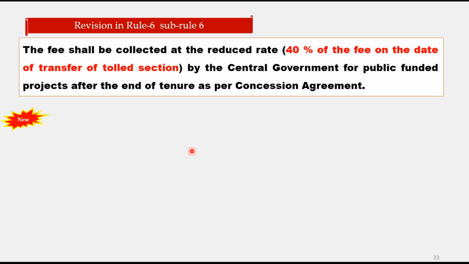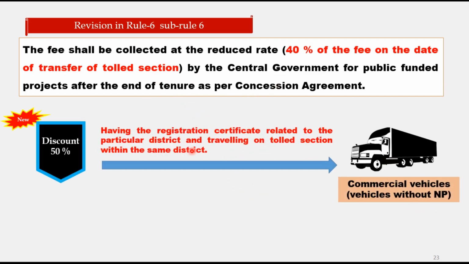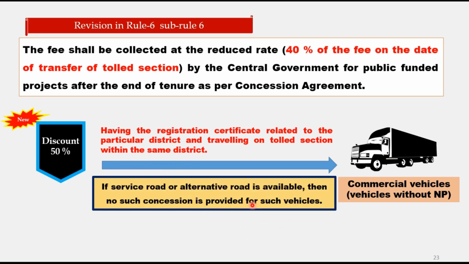A new section was added telling that a discount of 50% is provided to the commercial vehicles without national permit, having the registration certificate related to a particular district and traveling on toll section within the same district. If the service road or alternate road is available, then no such concession is provided for such vehicles.